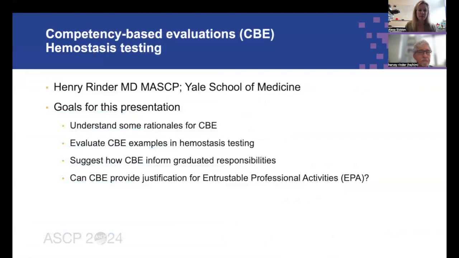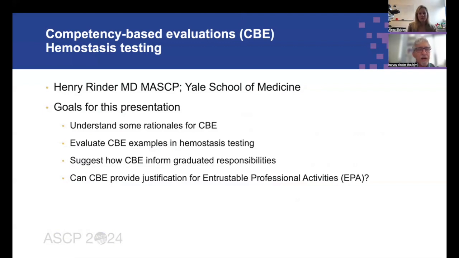And so now I'll turn it over to Dr. Rinder to talk about competency-based evaluations. Thanks, Alexa. One thing I'll say is that the Society for Hemopath has really given us a great basis for looking at competency-based evaluations and linking that with entrustable professional activities.